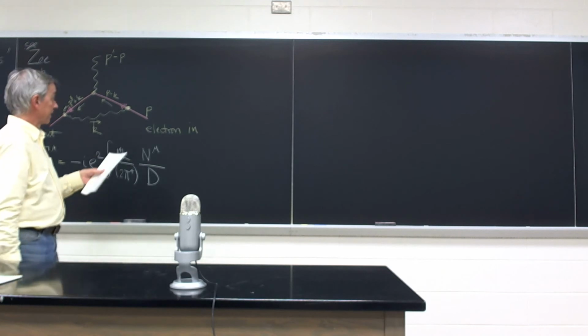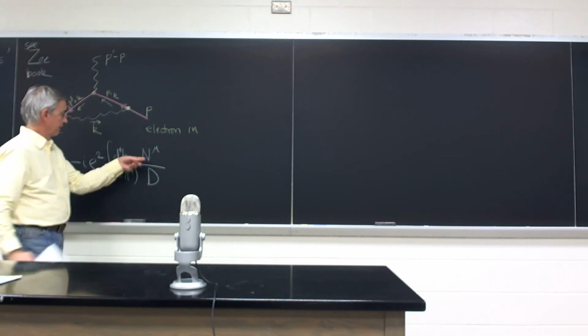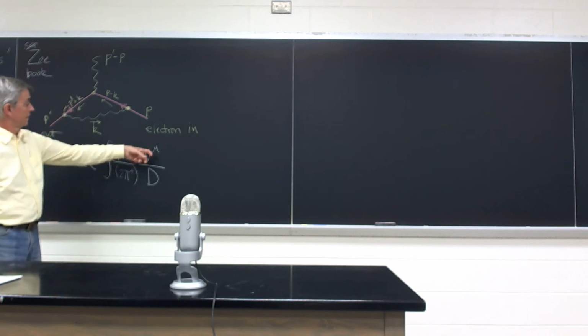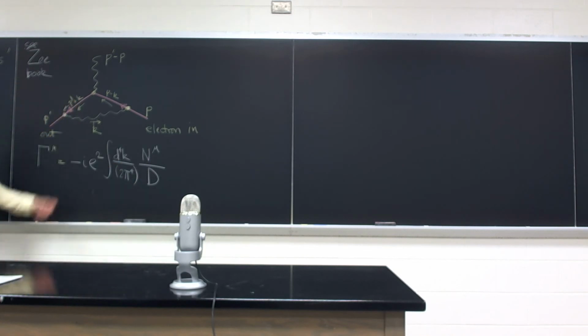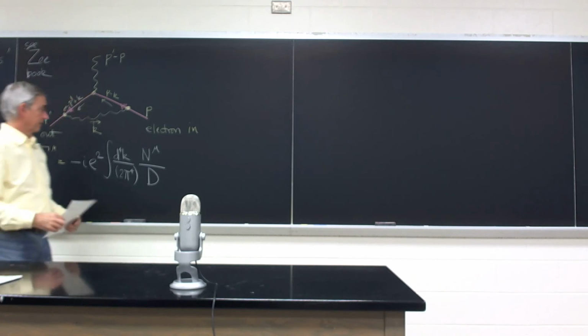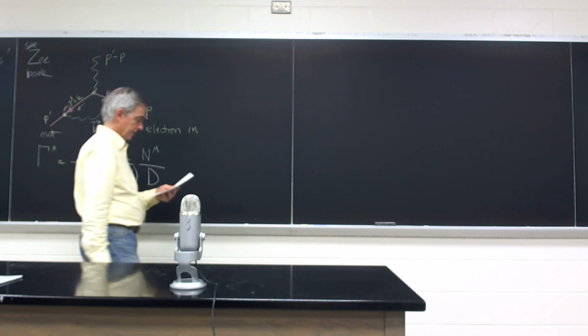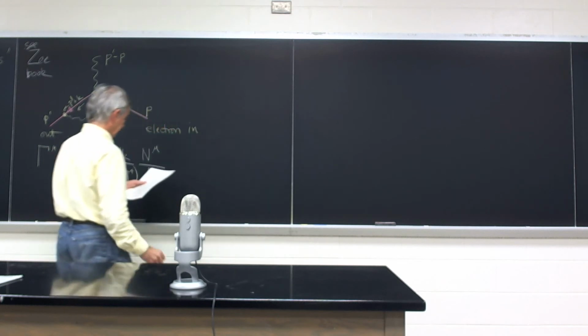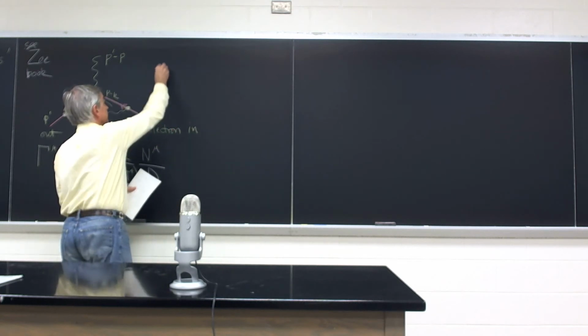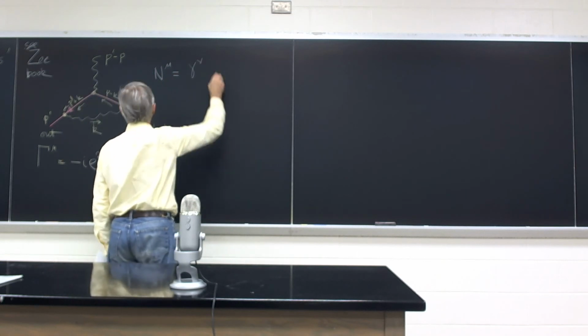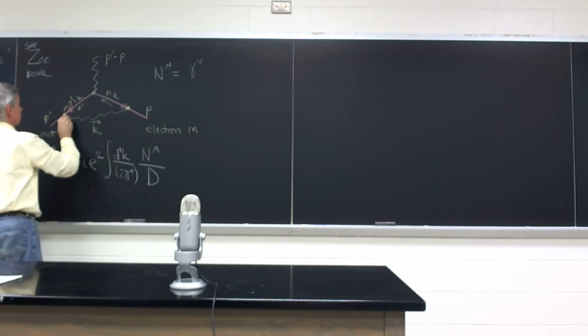So we'll do it in a pedestrian way. So there's a numerator and denominator. Numerator is a 4 vector because the vertex here is a photon that carries Minkowski index. So the numerator has gamma mu from here.